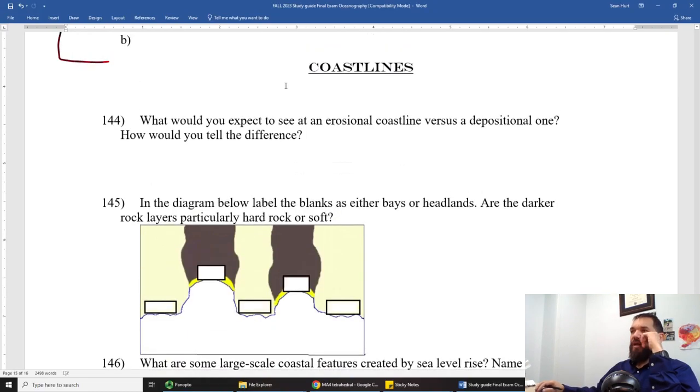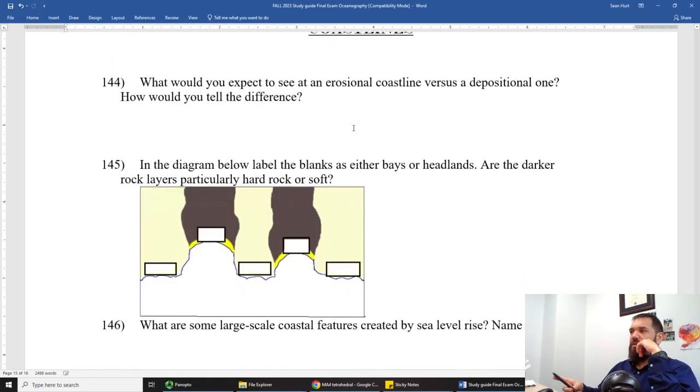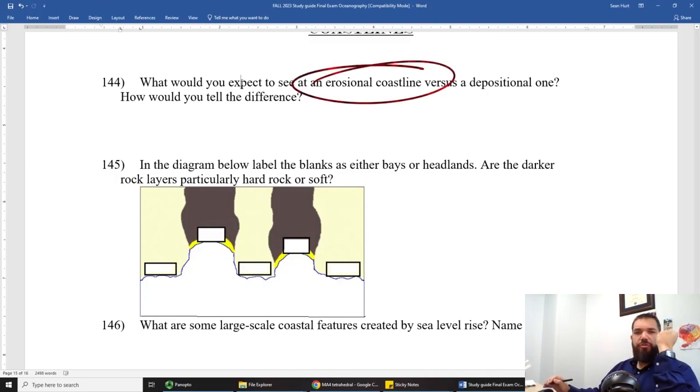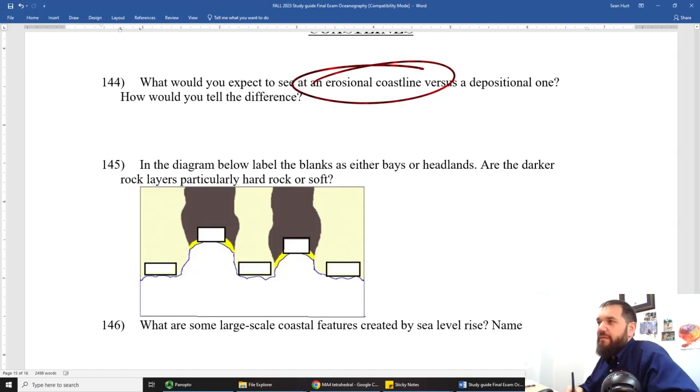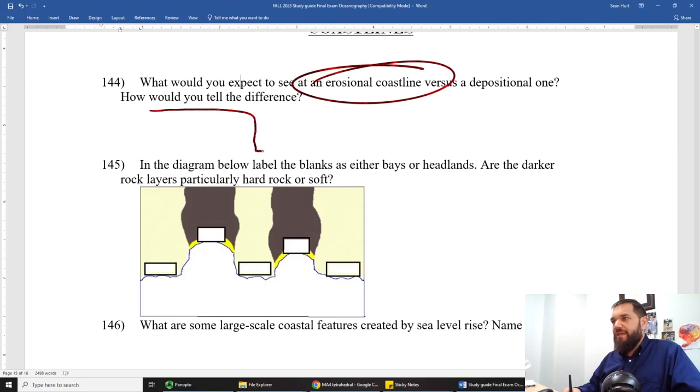All right, so coastlines. What would you expect to see at an erosional coastline versus a depositional one? Just know some of the aspects that we see at erosional coastlines. Erosional coastlines have sea caves, sea arches, and stacks, all those structures that result from erosion, right? You have sea cliffs and a wave-cut platform.